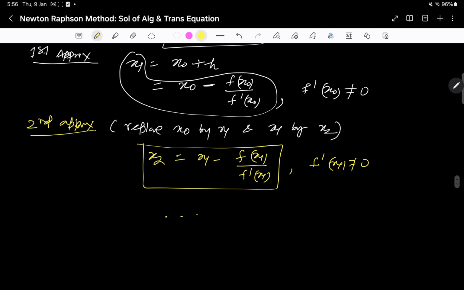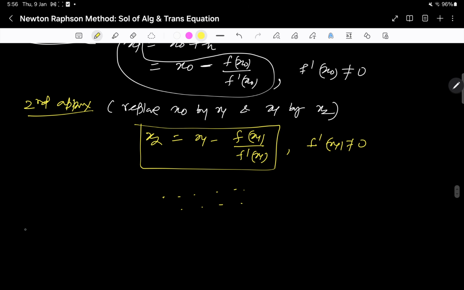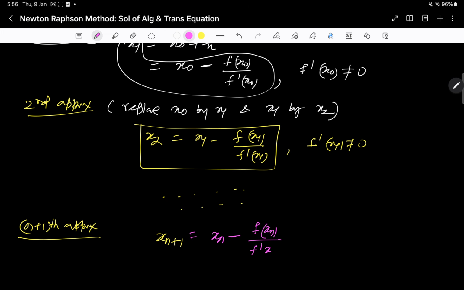If you continue, the (n+1)th approximation will be x(n+1) = xn minus f(xn) divided by f'(xn), where f'(xn) is not equal to 0 and n is 0, 1, 2, and so on.